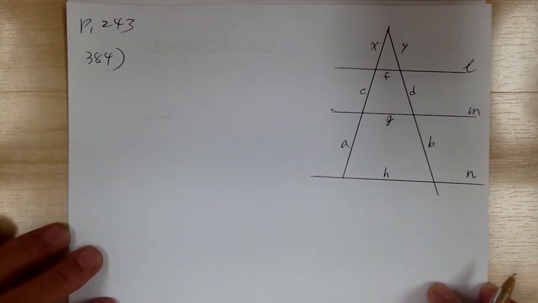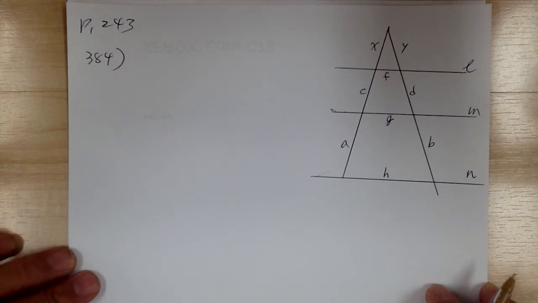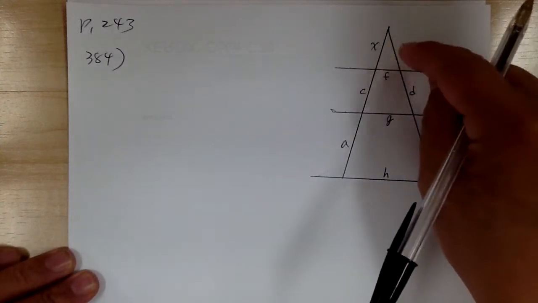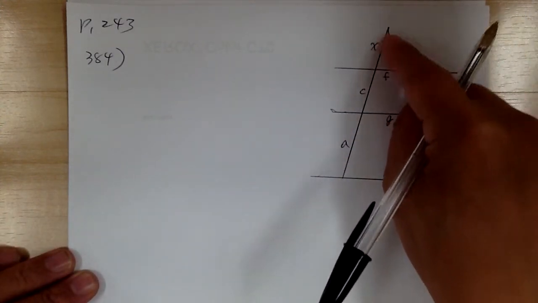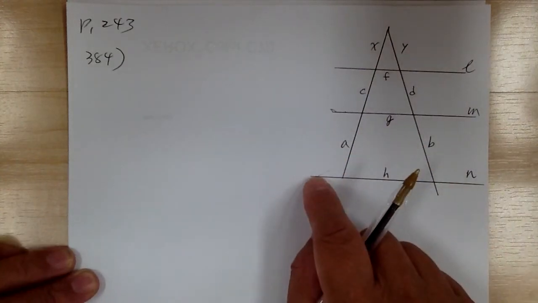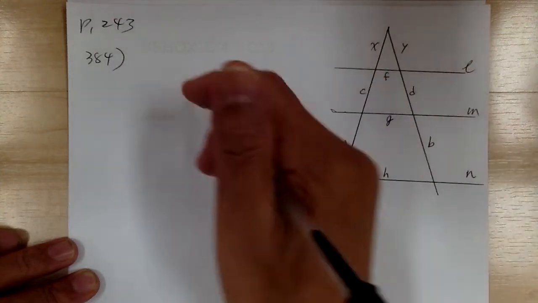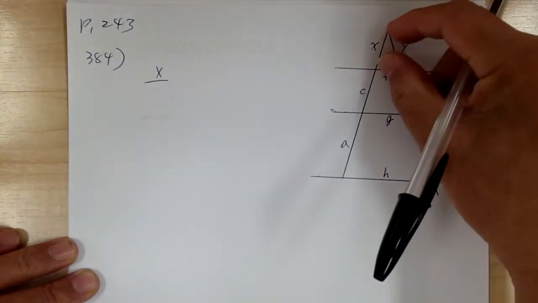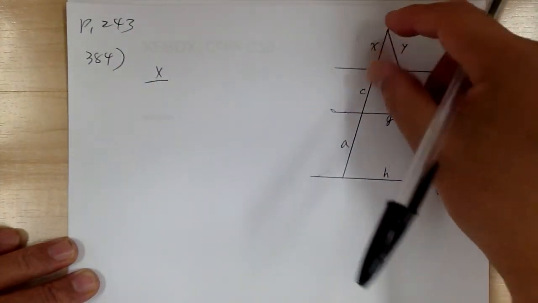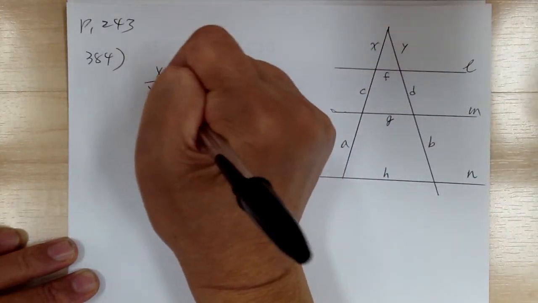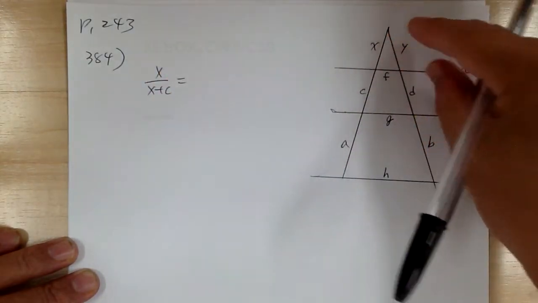First, let's use similar triangles. We're going to call them small, medium, and large. We're going to use the similar triangles for the small and the medium. So you have the left side over the left side equal to the right side over the right side.